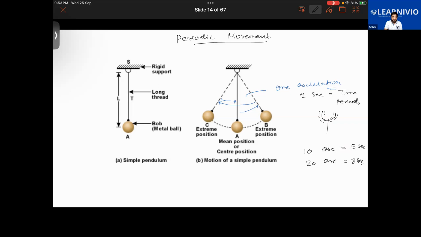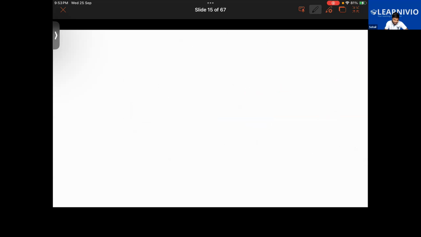Simple maths. 5 divided by 10, we should divide it, right? Yeah, we have to divide this basically. We'll be doing some questions on this, and that will give you better conceptual clarity.